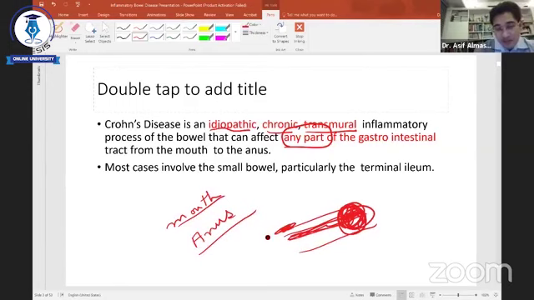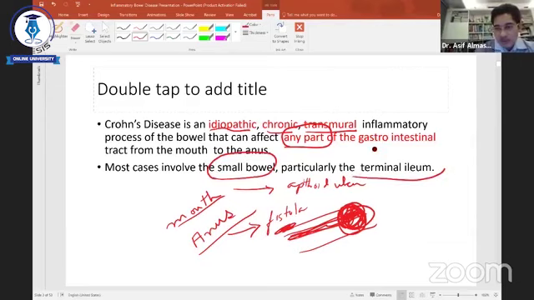In the mouth, you may see aphthous ulcers, or even perianal disease like fistula may be found. But Crohn's disease mostly involves the small bowel, particularly the terminal ileum.